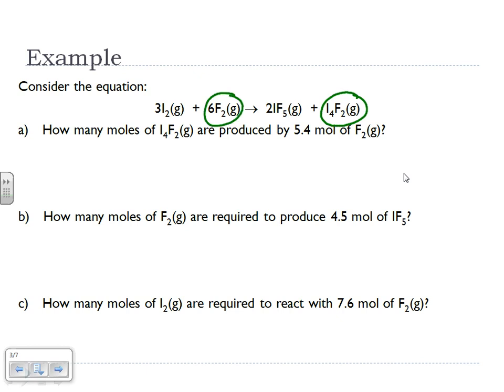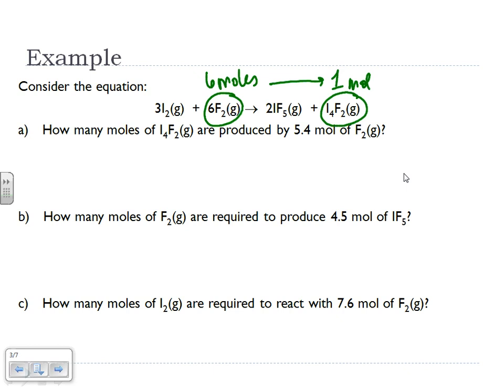Okay, so if I look at just my balanced equation, I know that if I have 6 moles of F2, I can make 1 mole of I4F2, and a bunch of other things, but I'm not worried about those other things because those are the only 2 entities that I'm asking you about in this question. So I've got a 6 to 1 molar ratio.